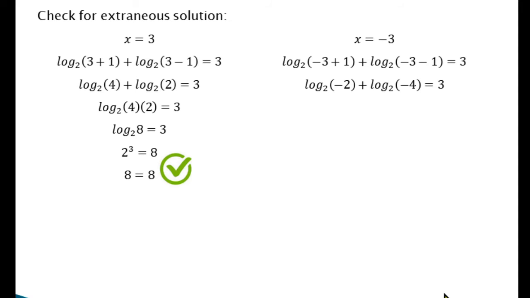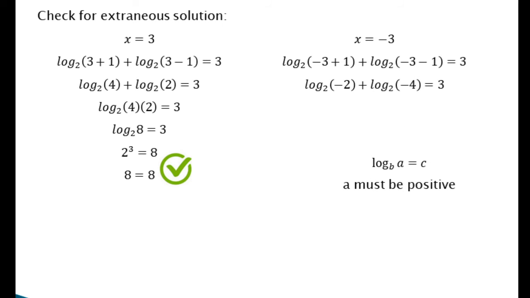Recalling our logarithmic expression, the logarithm of a base b equals c, a must always be positive. Looking back to our logarithmic equation, when we substitute negative 3 for x, you have negative 2 and negative 4, which is the a part of your logarithm.